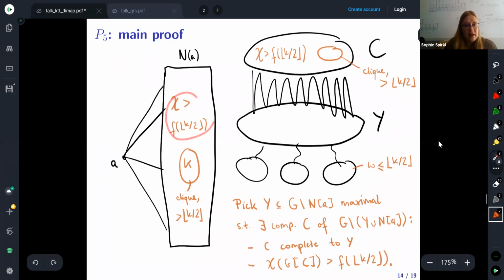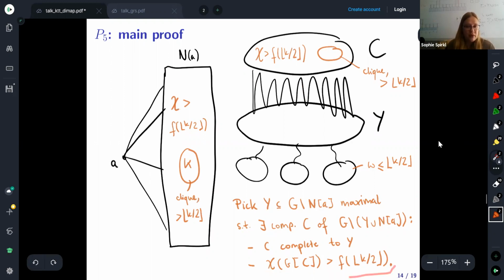And we can assume that it has big chromatic number and in particular contains a clique of size more than k over 2. And then the rest, we're going to pick a special set Y with the following properties. We want it to be a set Y such that after we delete it, there is a component of G with both Y and the neighbors of A deleted, such that Y is complete to C, meaning every vertex of C is adjacent to every vertex of Y, and C has large chromatic number.